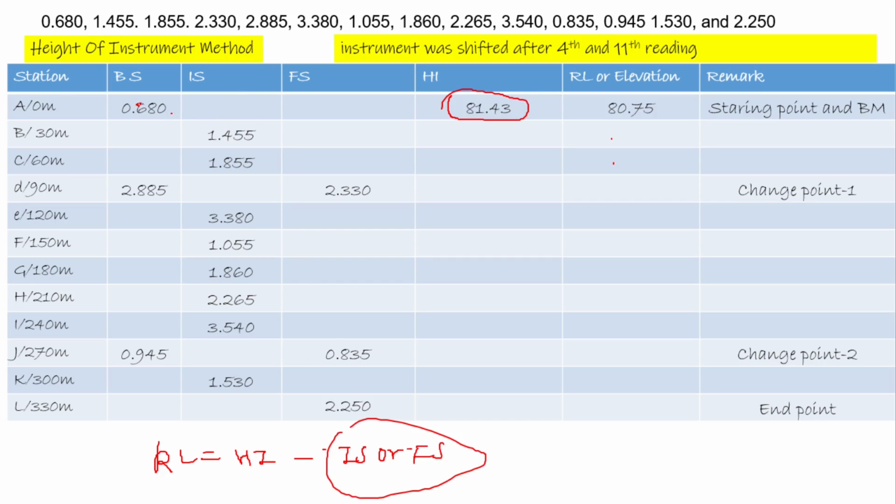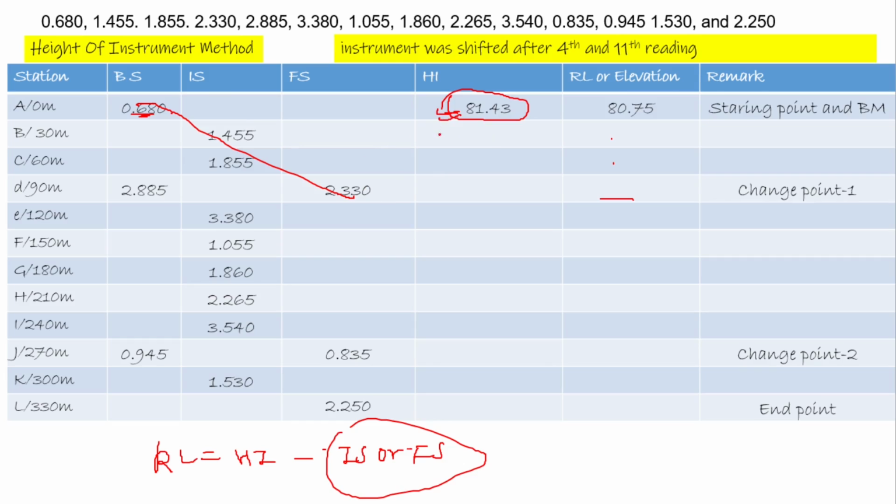You can see for this setup, this is your height of instrument. The first backside is used for calculating the HI, and all other readings, meaning intermediate sight and foresight, will be used for calculation of RLs. This HI will be used up to point D, meaning up to this point we can calculate the RL by using this HI.